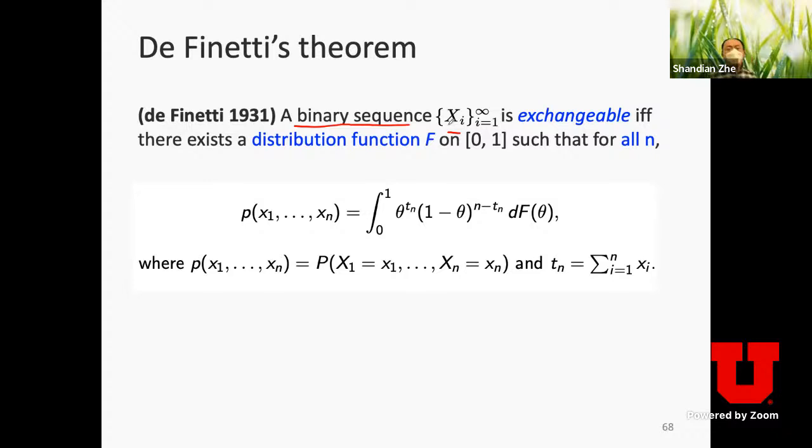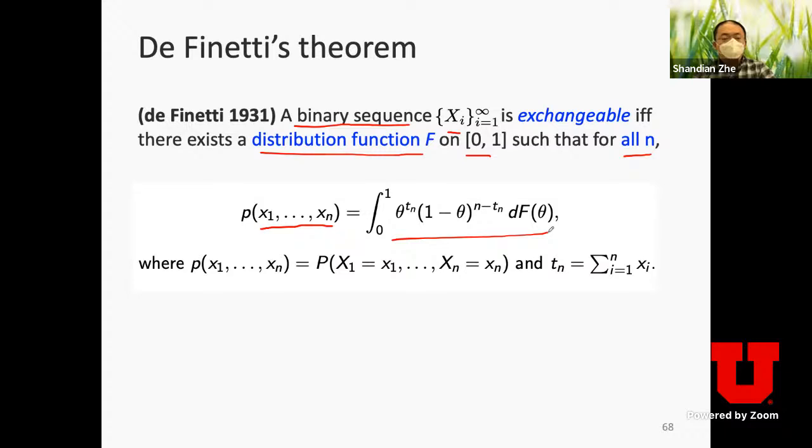Then we can tell that they are exchangeable if and only if there exists a distribution function F on 0 to 1 such that for any finite number n, the joint probability of the first n variables in the sequence is this integral.